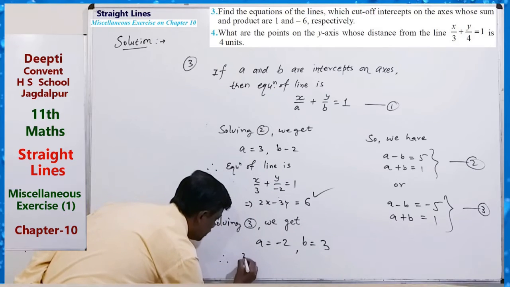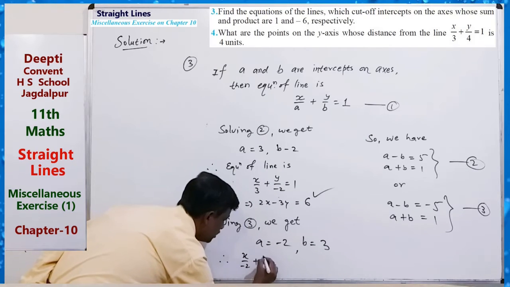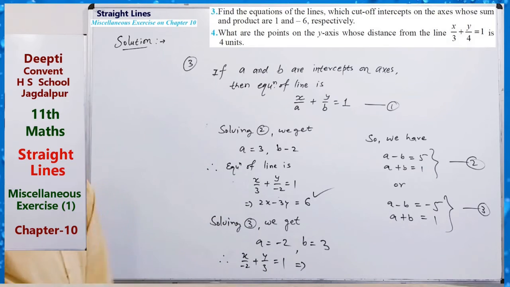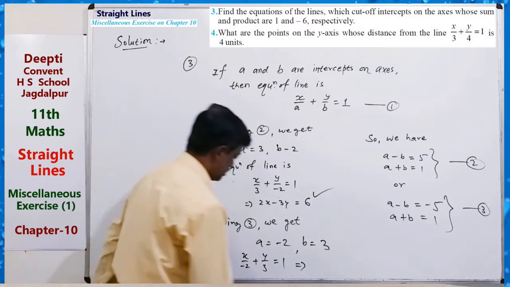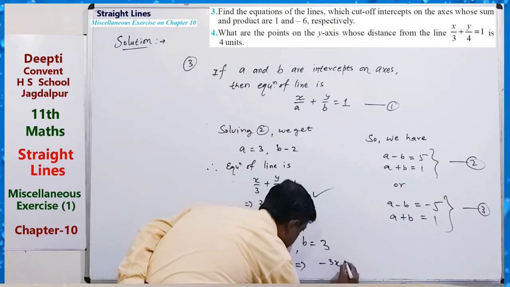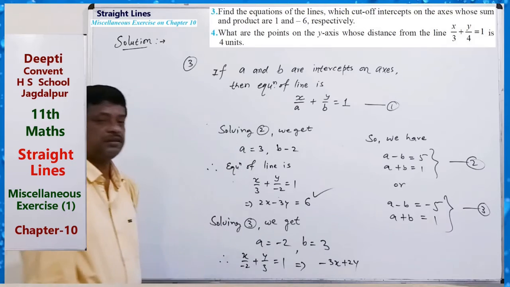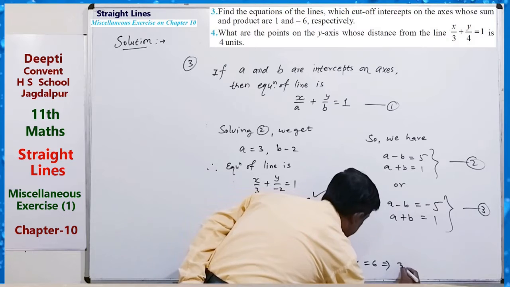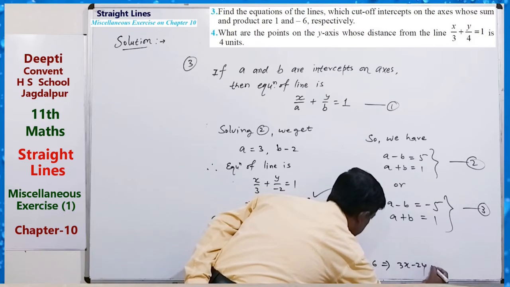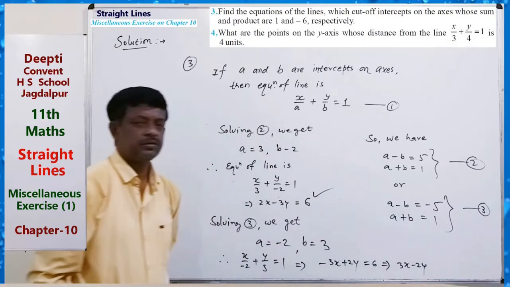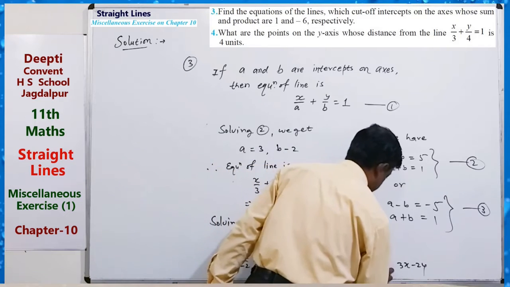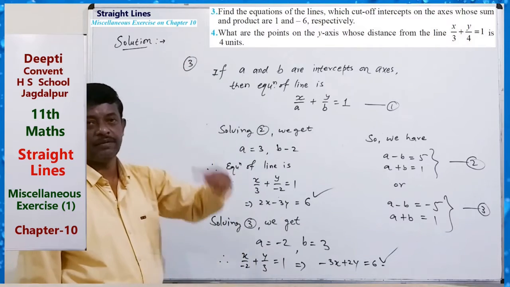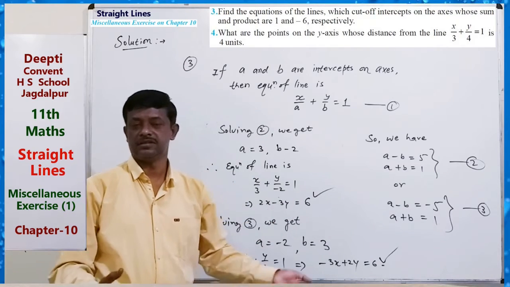Therefore the equation x by minus 2 plus y by 3 equals 1 implies minus 3x plus 2y equals 6, or we can write 3x minus 2y equals minus 6. This is the solution. So the line may be this or this.